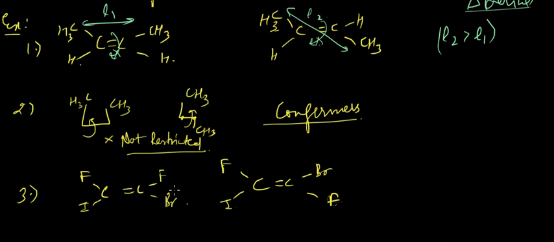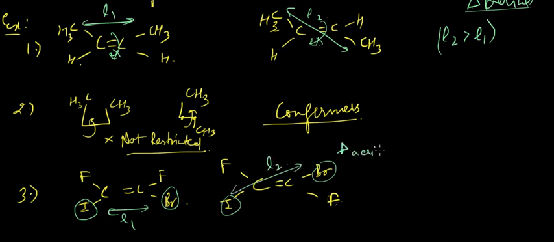The areal distance here was L1 and here it is L2. Hence there is a difference in areal distance, so these are in geometrical isomerism.